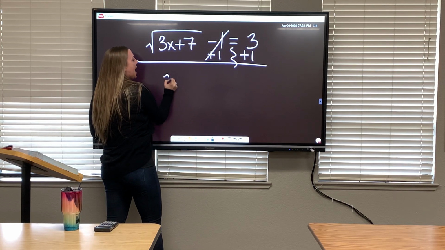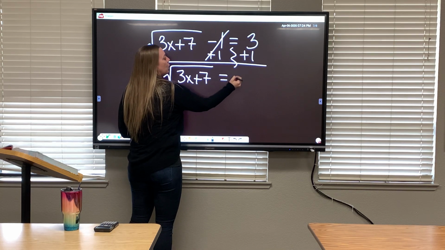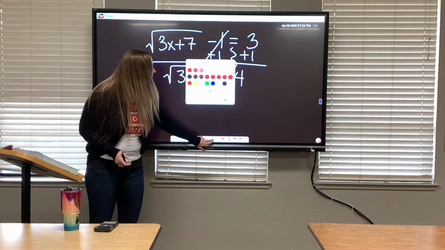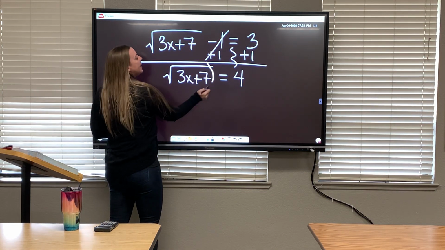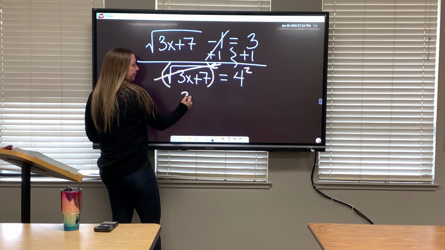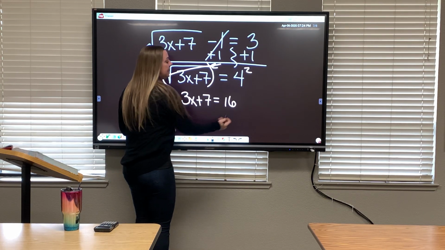Those will cancel out. Now I have the square root of 3x plus 7 equals 4. Now I have a radical symbol by itself. I have the 4 by itself, so I'm going to go ahead and square both sides to get rid of that radical symbol. And I'm left with 3x plus 7 equals 16.